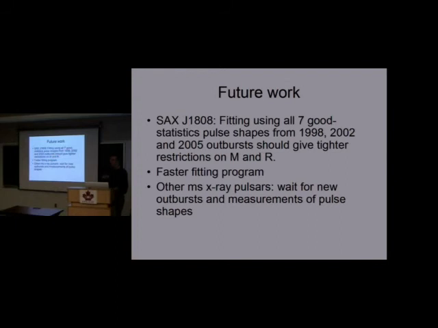It may or may not make much difference, but it should help. I think the best thing that will help is to have a bright outburst where the error bars on the pulse shape are small. That's really the problem: they're not high precision like Hercules X-1 is. Well, partly because it's brighter, but because the period's longer, you get better statistics.